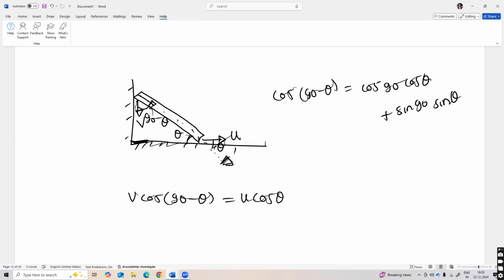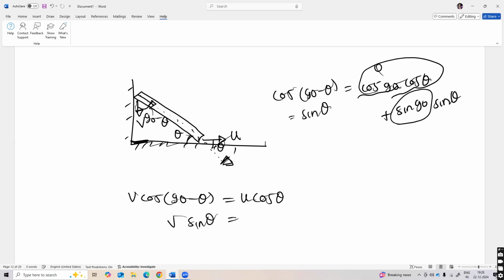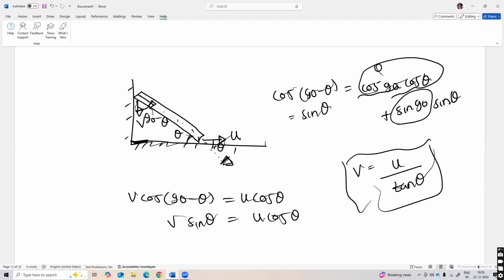Since cos 90 is 0, the first term becomes 0, and sin 90 is 1, so cos(90 minus theta) is basically sin theta. So we got v sin theta equal to u cos theta, and therefore v is equal to u upon tan theta. This is how we are able to correlate them.